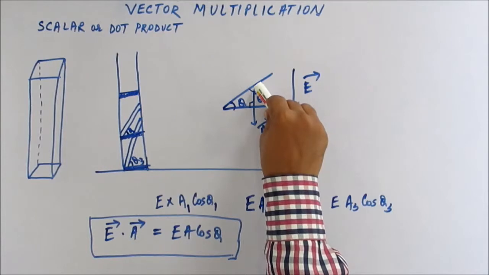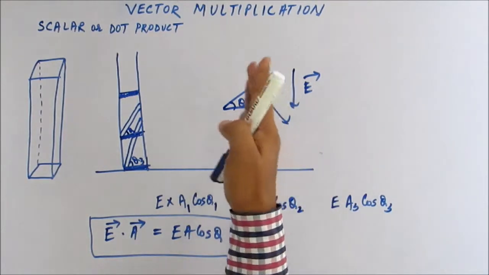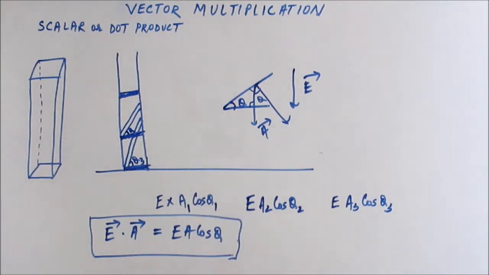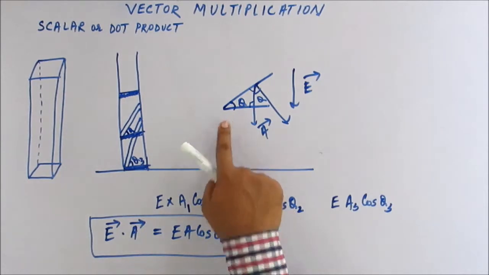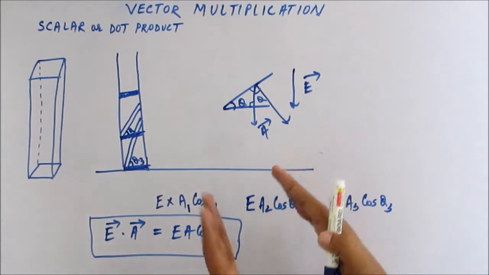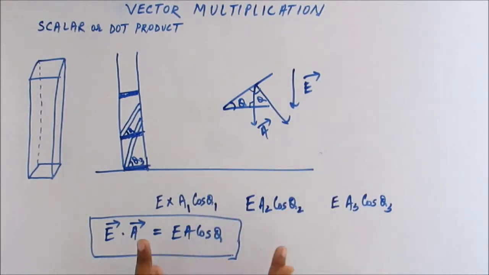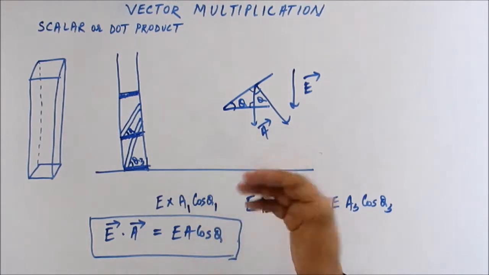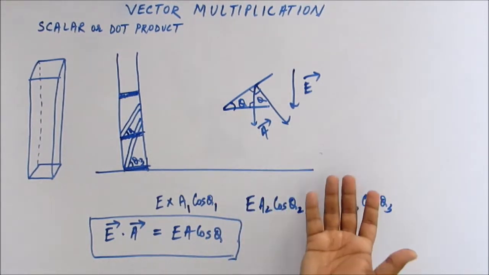And energy per unit area, I told you, is coming vertically downward. From here we also saw that the orientation with the horizontal is actually the angle between the two vectors. So now we don't have to bother about the orientation of the surface. We have to consider the angle between the vectors, which we are more familiar with.